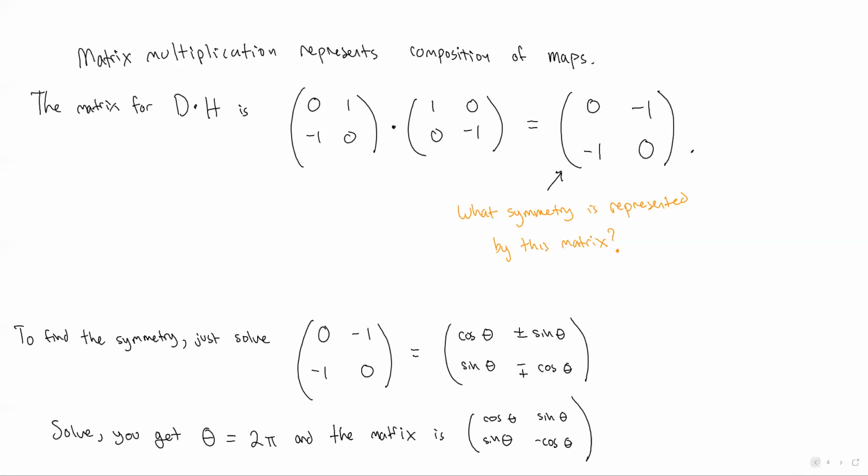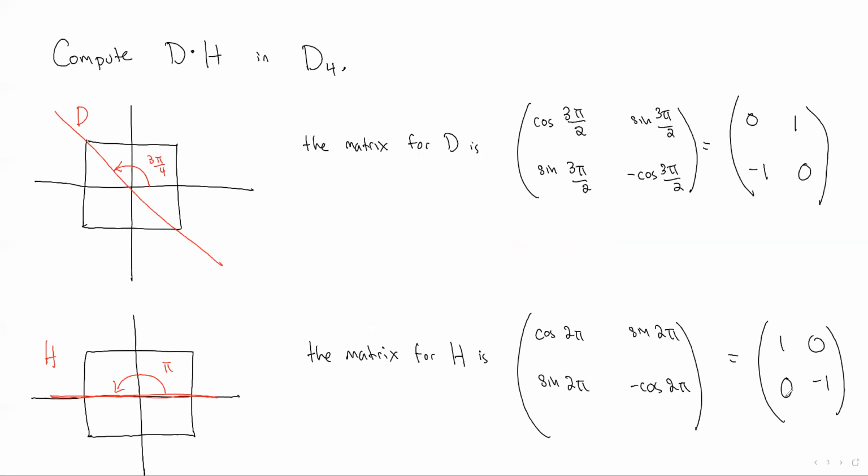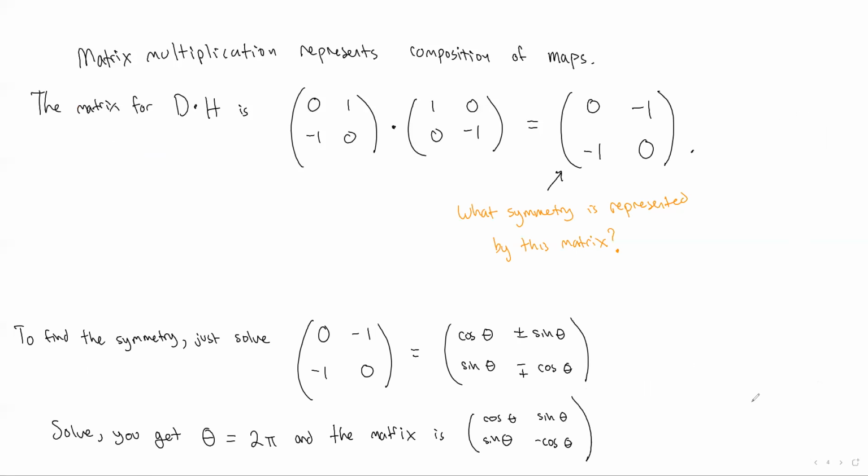Okay, my matrix for D is wrong. Somewhere I went wrong for my matrix for D. For some reason I didn't put this as -1. So that's actually the matrix for D. So this is -1, which means this is 1, so this is also 1.